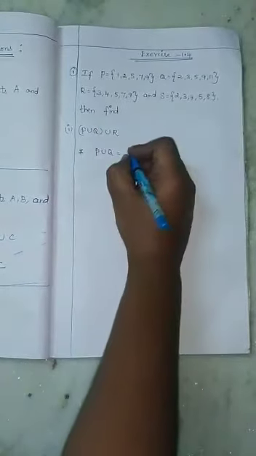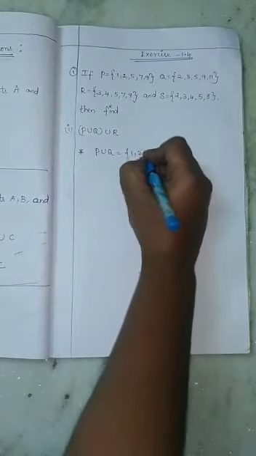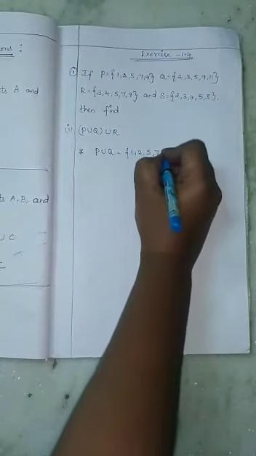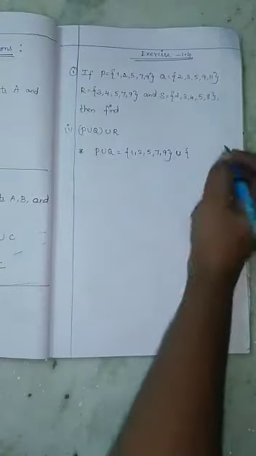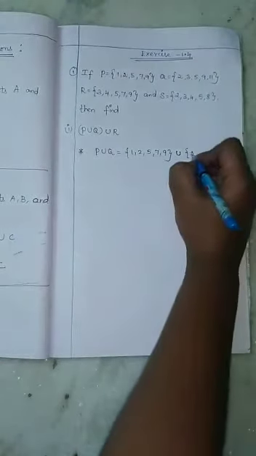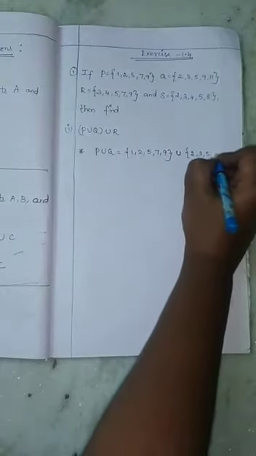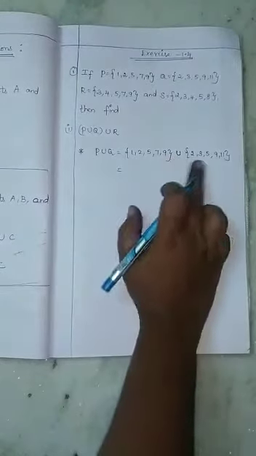P union Q. What are the P elements here? Write P elements 1, 2, 5, 7, 9. Union. What are the Q elements here? 2, 3, 5, 9, 11. Now union means what we need to do?